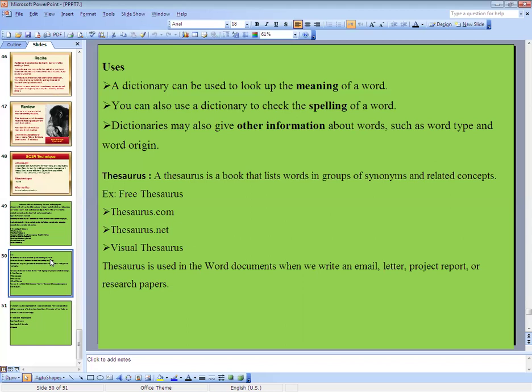Next is the thesaurus. A thesaurus is a book that contains lists of words in groups of synonyms and related concepts. We have free thesaurus, thesaurus.com, thesaurus.net, visual thesaurus, and the thesaurus is useful in Word documents when we write an email, a letter, a project report or research papers.